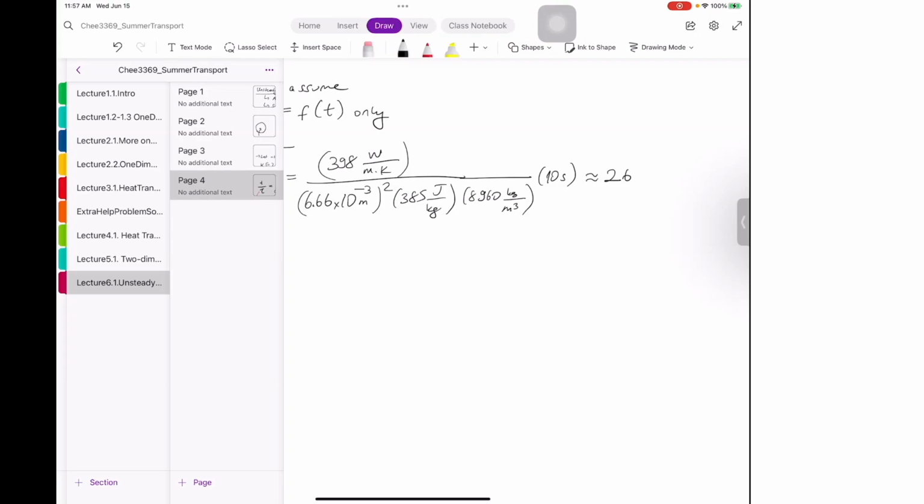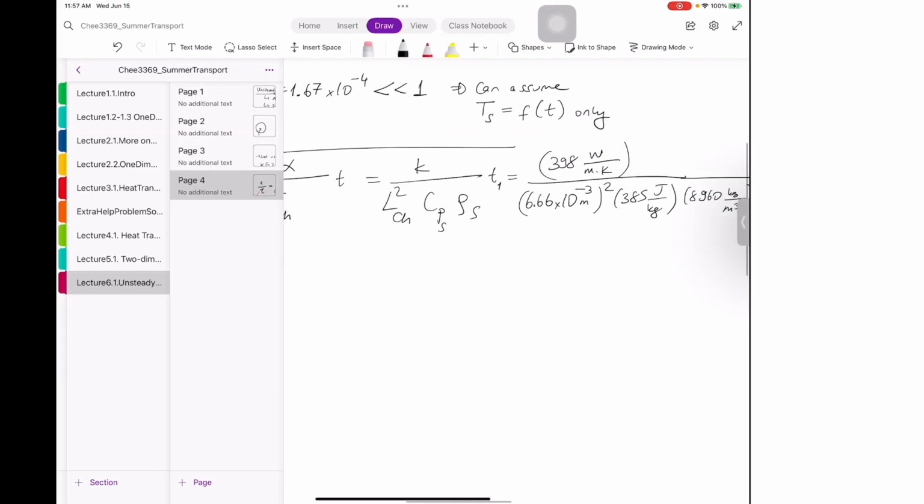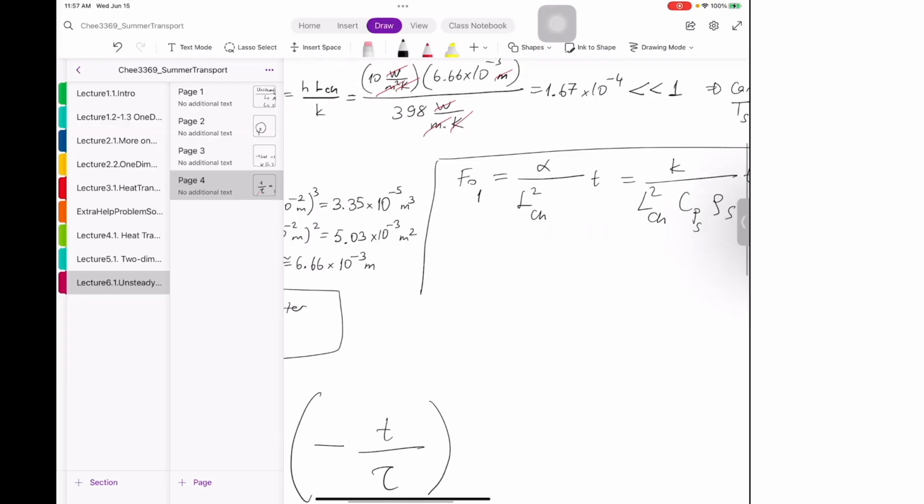And it's unitless, 26, the Fourier number.